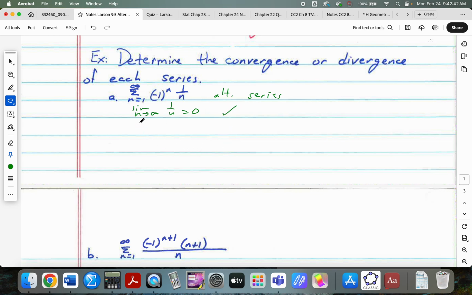That's the first thing we have to check. And 1 over the next term, n plus 1, is always going to be less than 1 over n. So that checks. Therefore, this series converges.